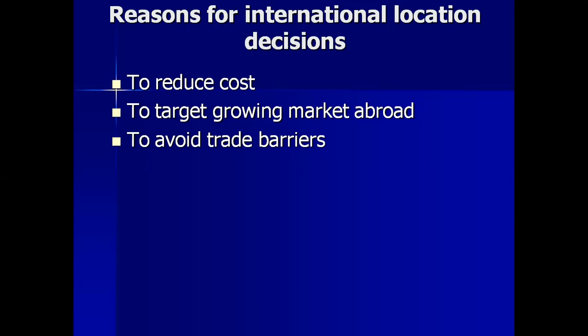So we might have been getting soft drinks at a very high price. But now because they are produced in Pakistan, when trade barriers are not involved, that's why we get it cheaply. So that is one way to avoid trade barriers for countries as well. And this is true for those businesses which are producing in one country and selling in other countries. So then they think that it is better to operate in those countries as well. Now, what does it mean?